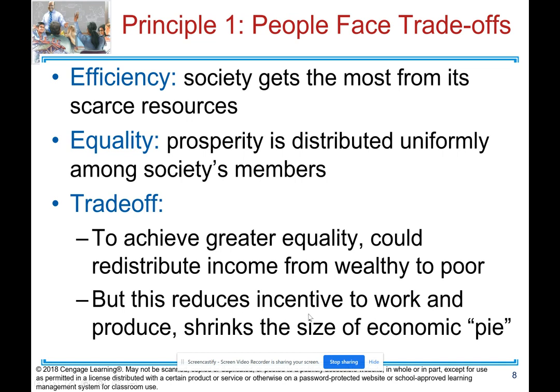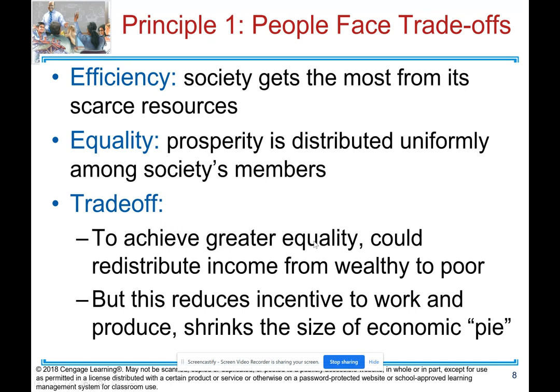Society also faces a trade-off between efficiency and equality. Efficiency means society gets the most from its scarce resources. That means the most efficient use of society's resources. But equality means prosperity is distributed uniformly among society's members. What is the trade-off?